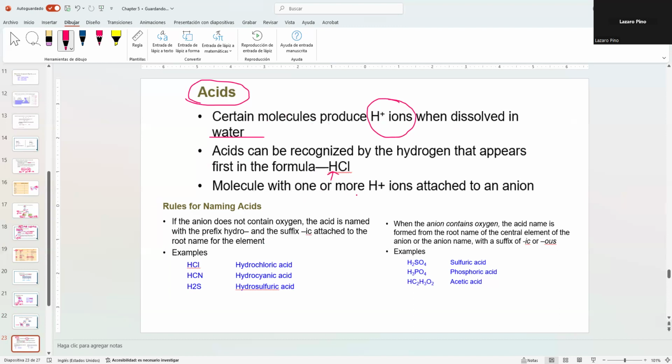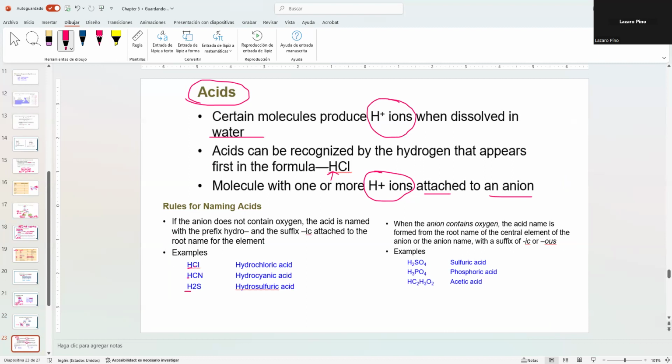The molecule with more than one hydrogen cation attached to an anion. This is the way that you can use to recognize when you are in front of an acid. Look, all of them begin with hydrogen, hydrogen, hydrogen.